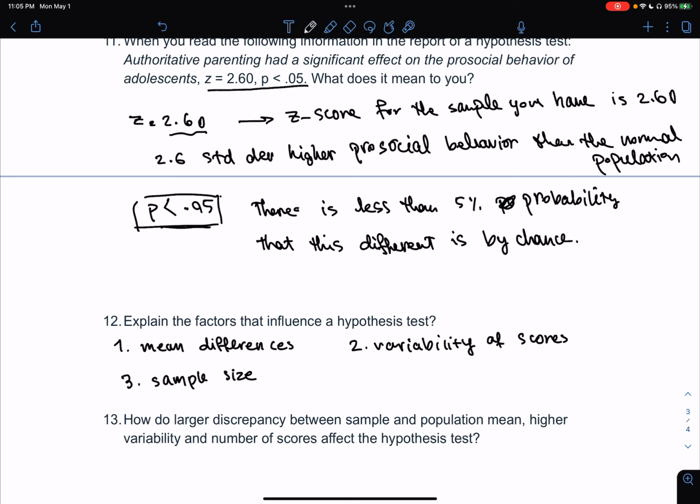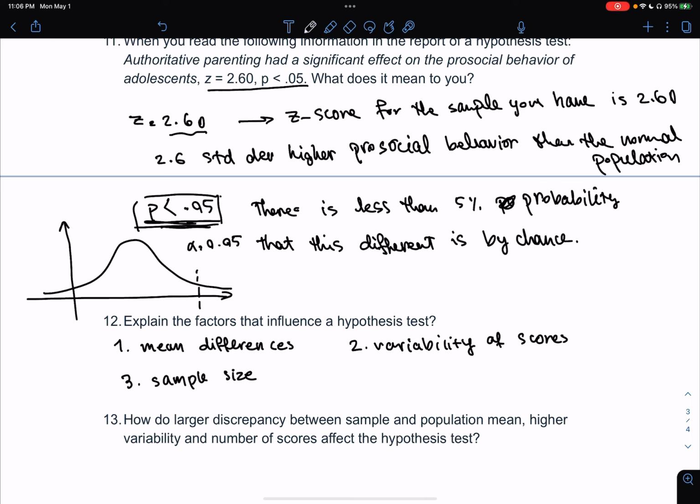Another way to describe this is, if we have our distribution and then we have the critical region, that is again alpha equals 0.05, which is the same as we had here.